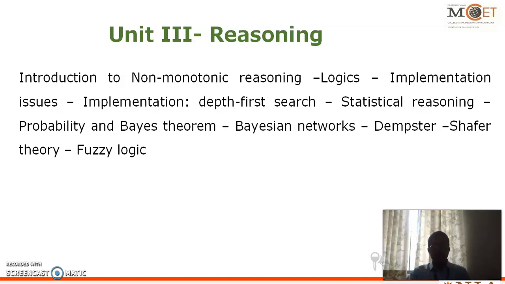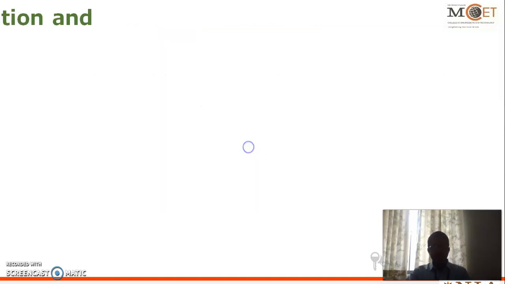To implement these reasoning methodologies to solve those problems, we are going to follow depth first search, statistical reasoning, probability, Bayes theorem, Bayesian network, Dempster-Shafer theory and fuzzy logic. So these are the various reasoning methodologies we are going to follow to solve those problems.